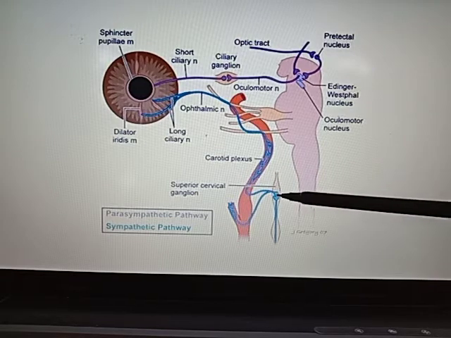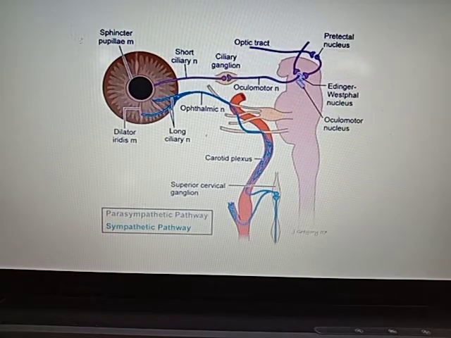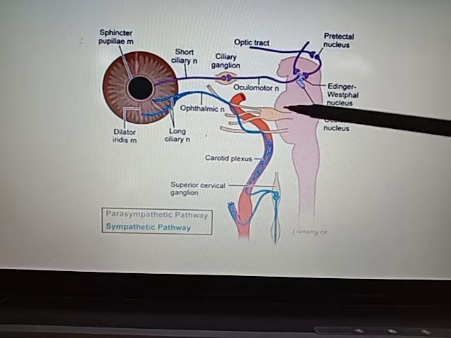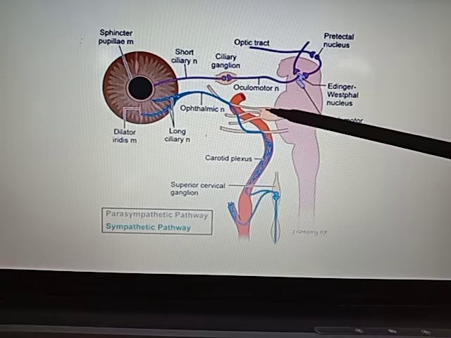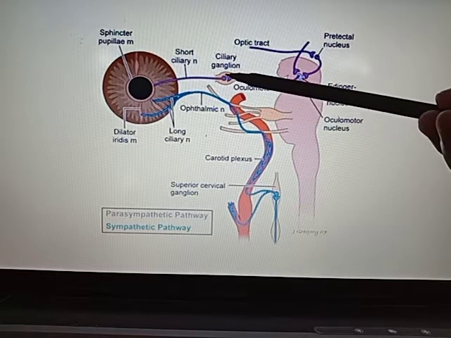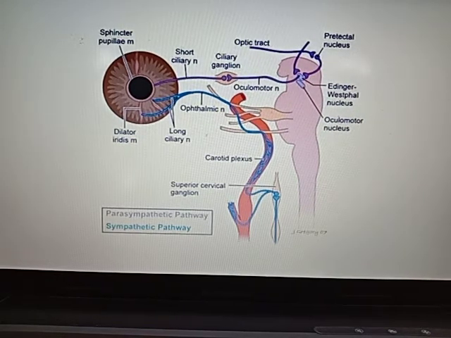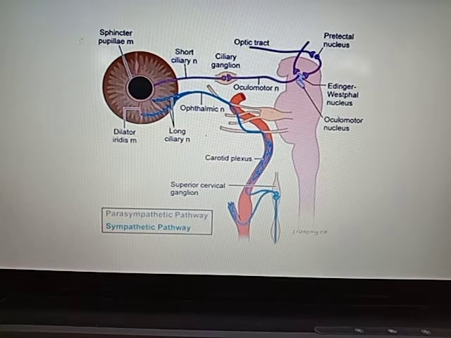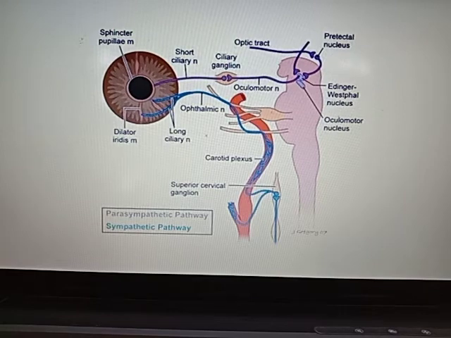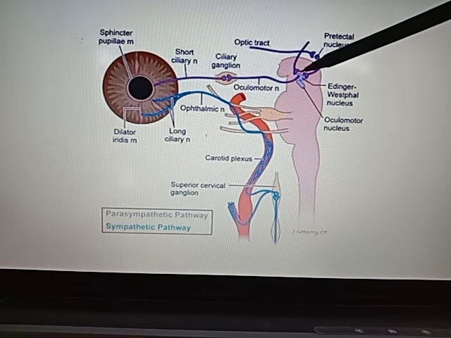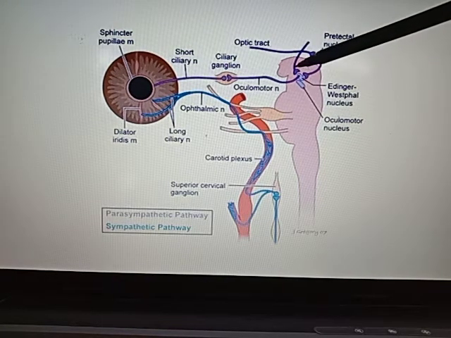From the superior cervical ganglion, this is the sympathetic innervation, and the third one, from the trigeminal nerve, the innervation goes to the ciliary ganglion, and it is the sensory innervation. The nucleus of the parasympathetic innervation is the Edinger-Westphal nucleus.